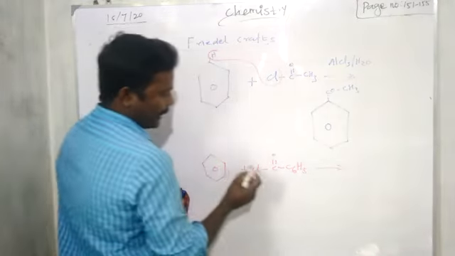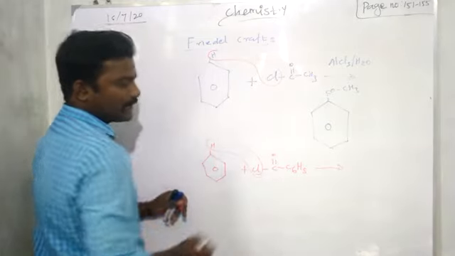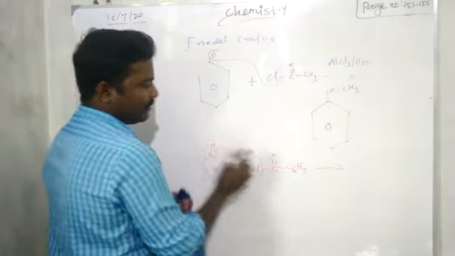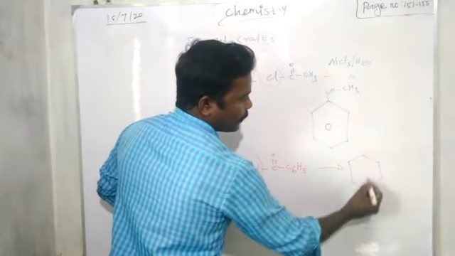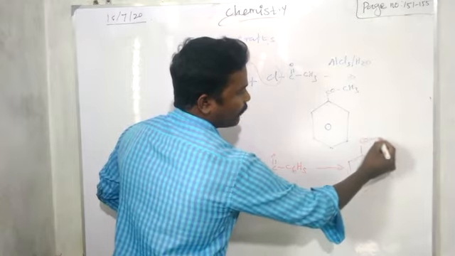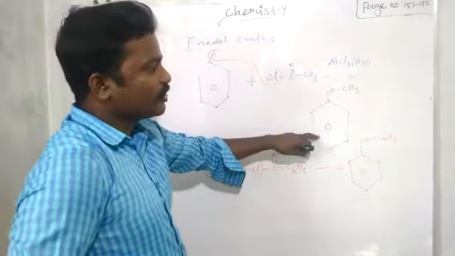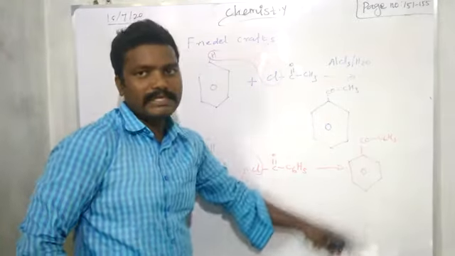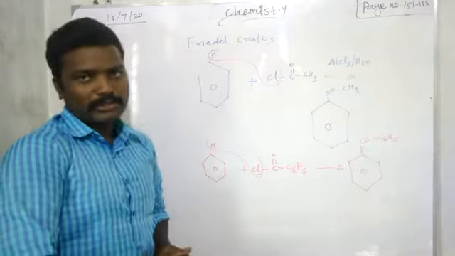Then what happened? This hydrogen will combine with the Cl and go as HCl. You add the remaining, and you will get benzophenone, C6H5. CH3 means acetophenone, C6H5 means benzophenone. Both are important compounds, right?